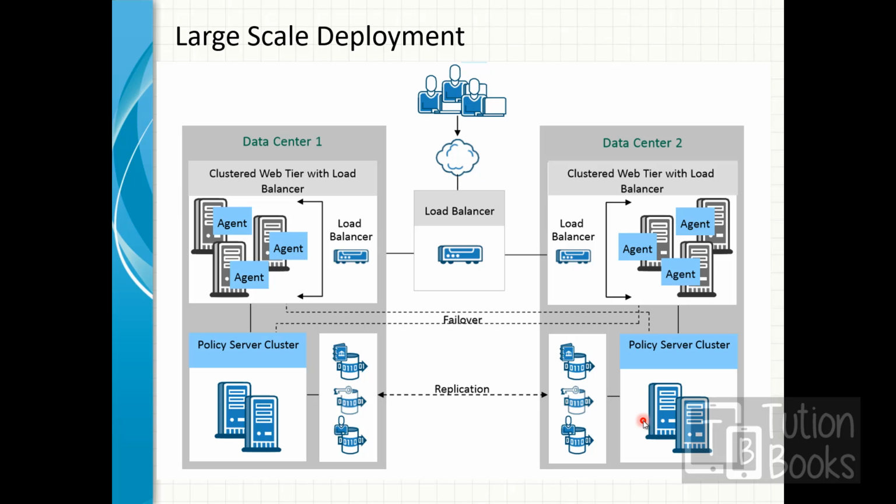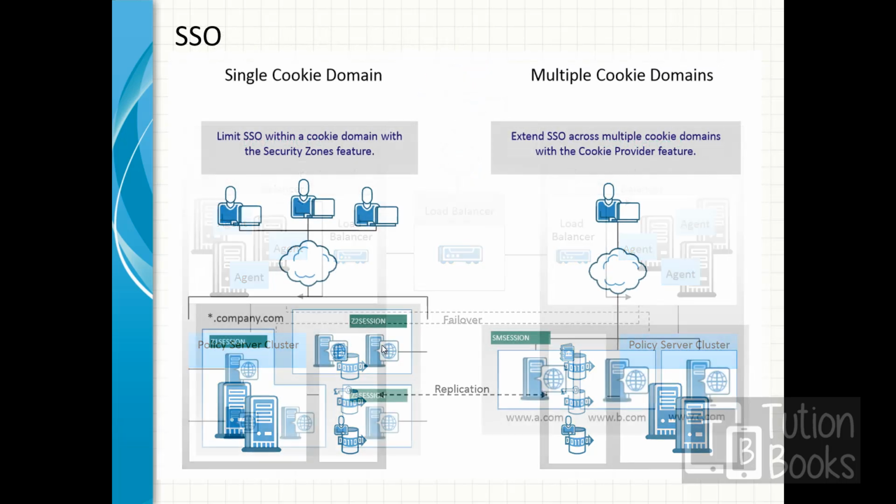If policy server 1 is up, the whole request goes to policy server 1, and if policy server 2 is up, it goes to policy server 2. If both are up and running, it just load balances between the policy server clusters. So this is the large scale deployment for SiteMinder. In later sessions I can show you the deployment steps and how you can plan your deployment for multiple components in your organization. Okay, let's go to the next slide.